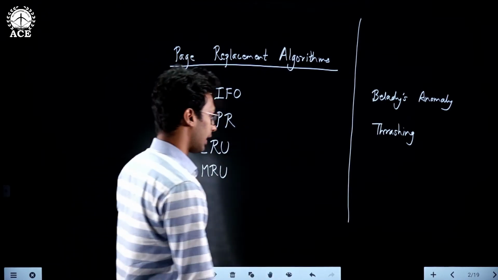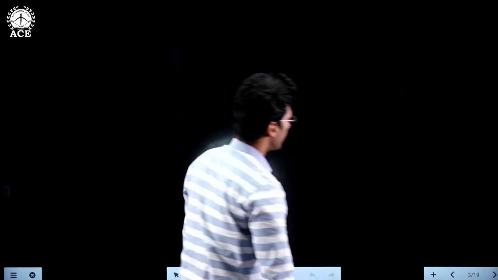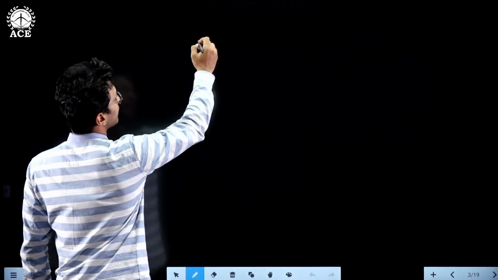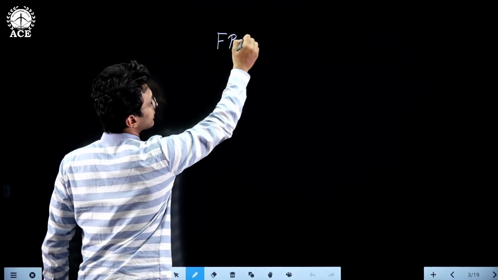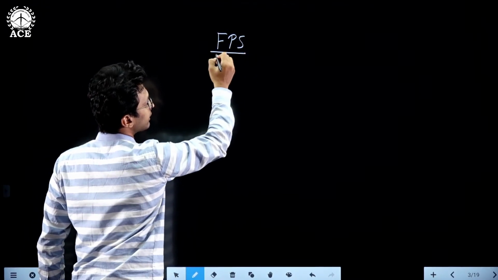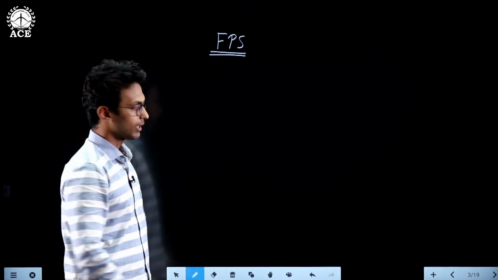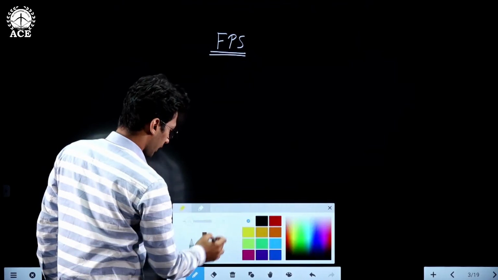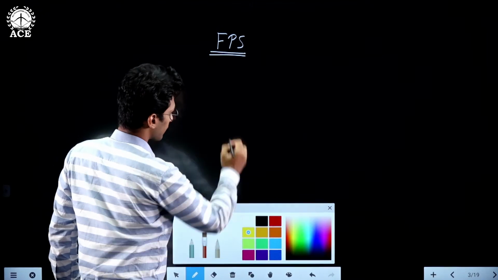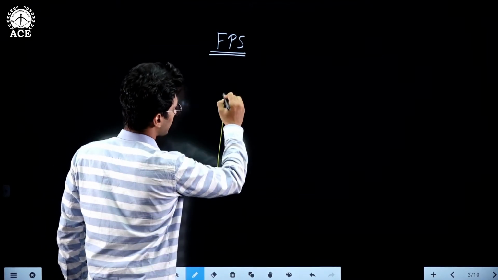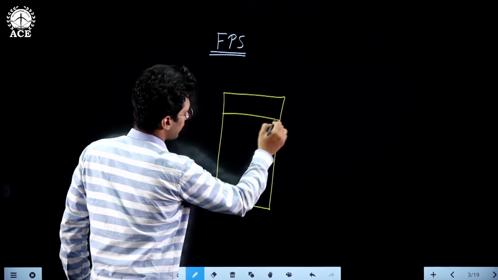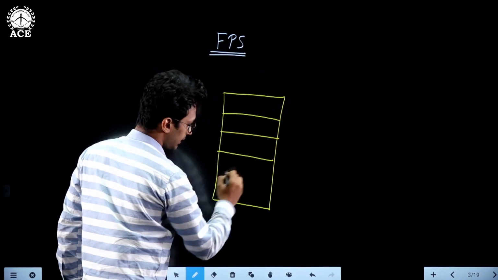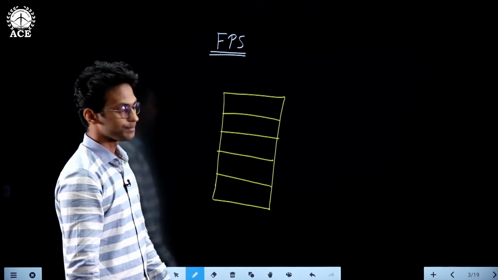So let's get started. If you observe this fixed partition scheme, I'll just write title here, FPS. FPS indicates what? Fixed partition scheme. In this fixed partition scheme, what have we seen? Memory will be split into fixed partitions.